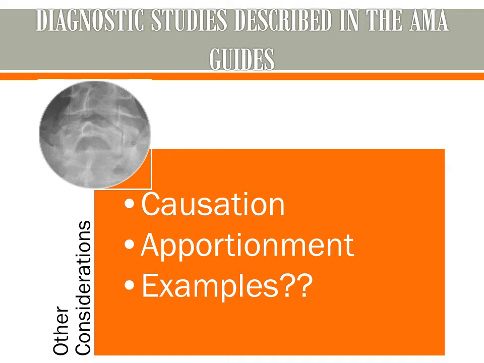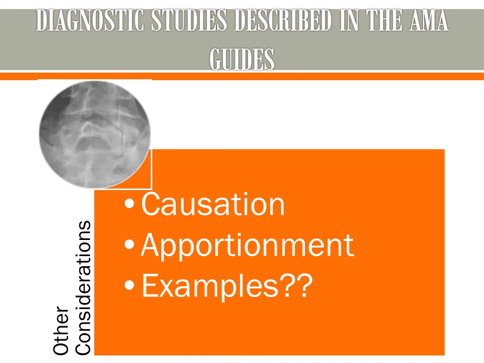Specifically, you may rely on diagnostic study findings to support your conclusions related to causation, industrial causation for the injury in the first place, or perhaps you might rely on your findings on diagnostic studies to help support your conclusions on apportionment.